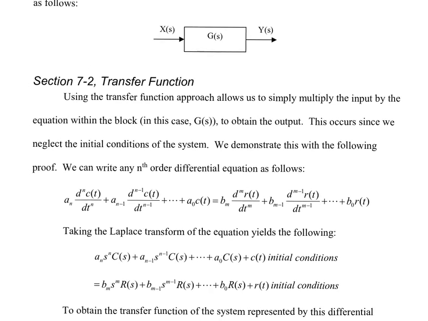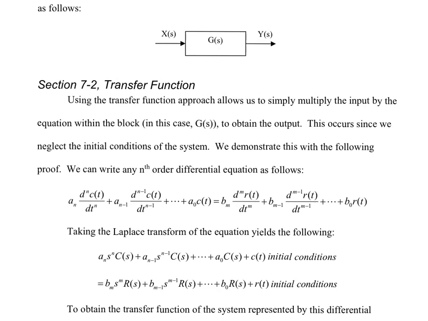We did it for a bunch of op amps. Anybody want a little homework problem? Simple one? All right. Let's switch it up. Tell me what the transfer function of this is.